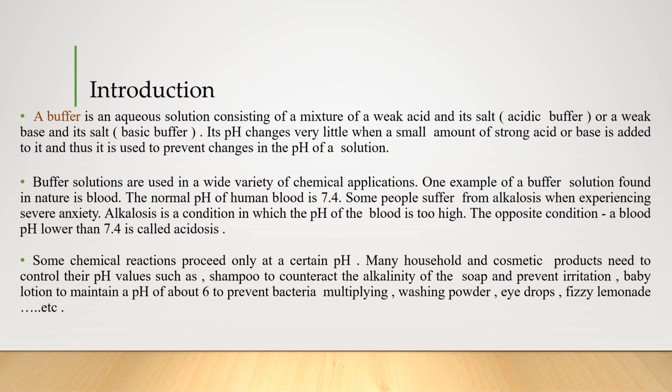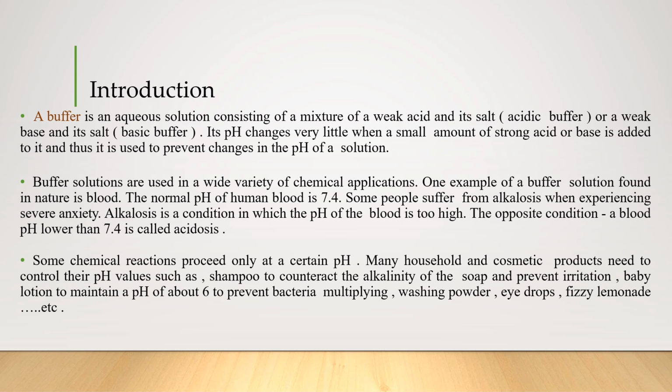The opposite condition is where the pH of the blood is lower than 7.4, and that condition is known as acidosis. The two conditions are alkalosis, where the pH of the blood is high, and acidosis, where the pH of the blood is lower than 7.4. Some chemical reactions proceed only at a certain pH.